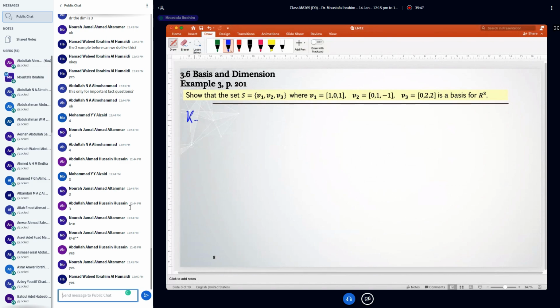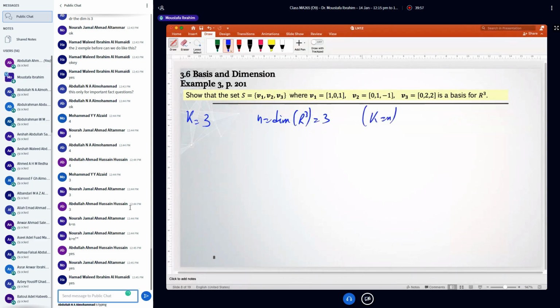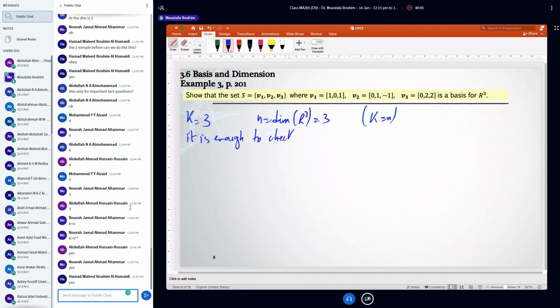K equals 3, and dimension equals 3, K equal N. So it's enough only to check that V1, V2, V3 is linearly independent.